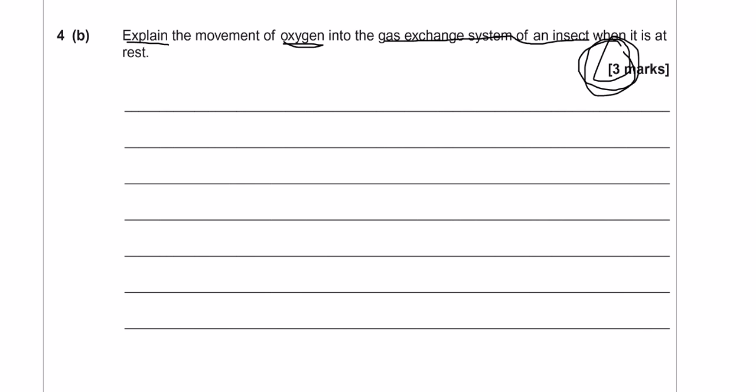The way that it moves in is that there's a large concentration gradient from the outside to the inside. So oxygen diffuses in, so you've got to use the word diffuse. You can say oxygen moves down a diffusion gradient. You'll get 2 marks for that.